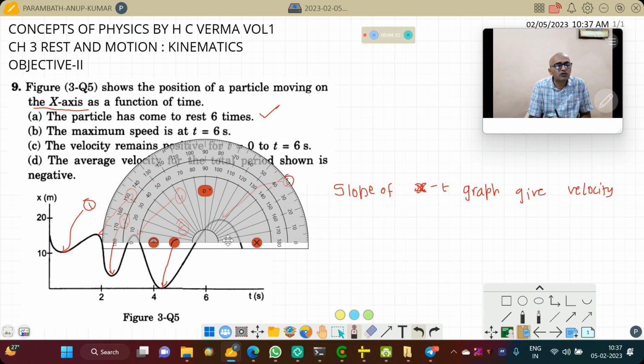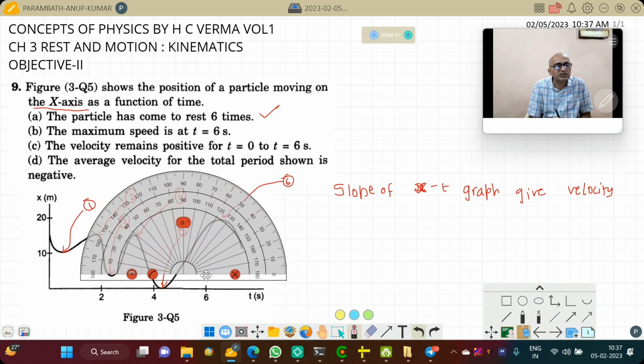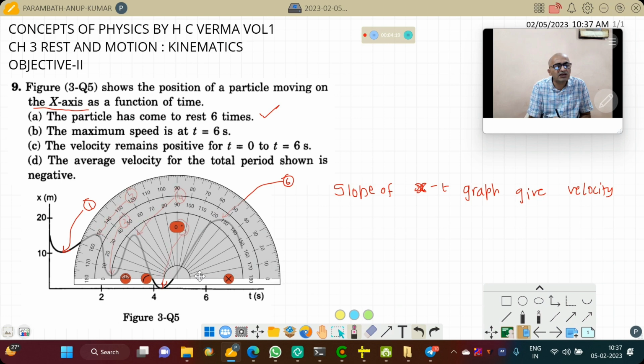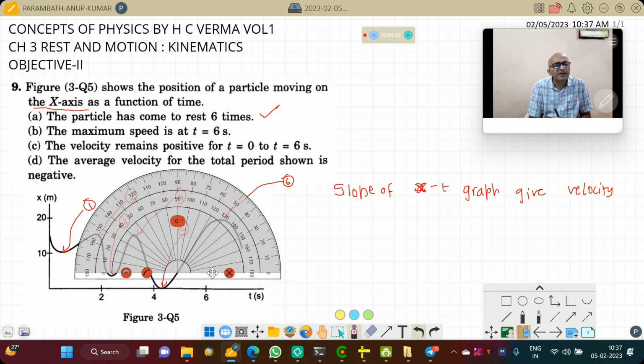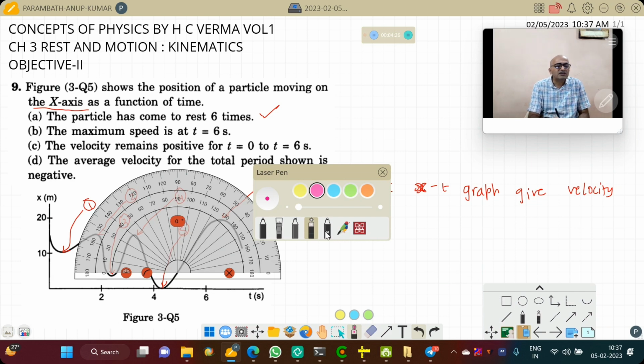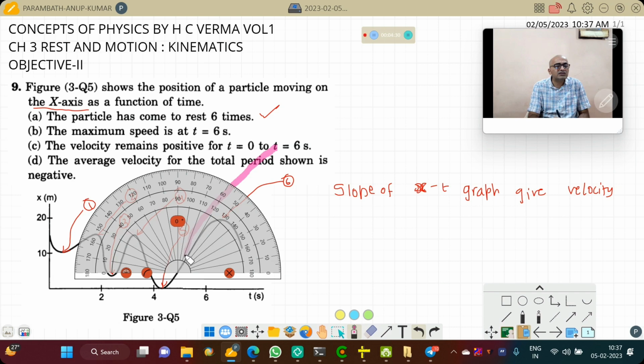We see the slope at that location just by looking at this curve. We are seeing that it is almost 60 degrees. Are you able to see that, students? 60 degrees in the protractor.